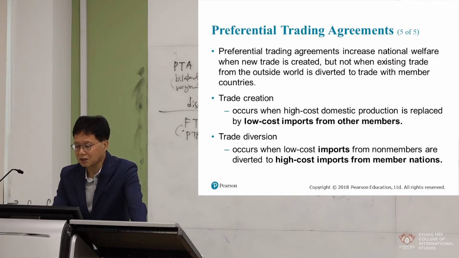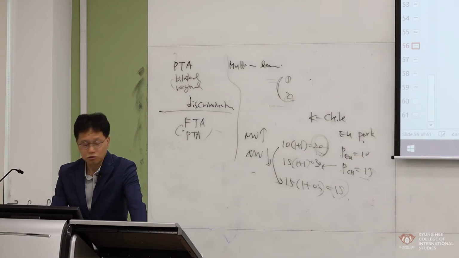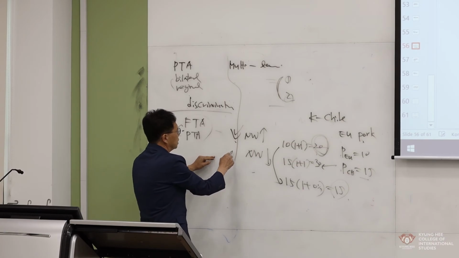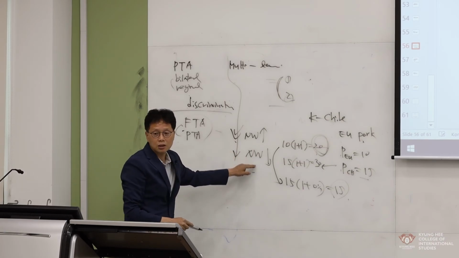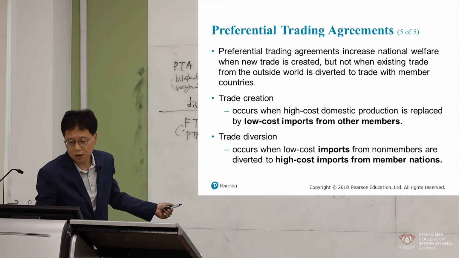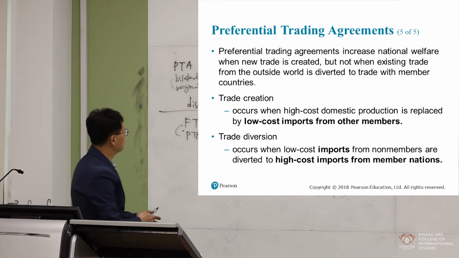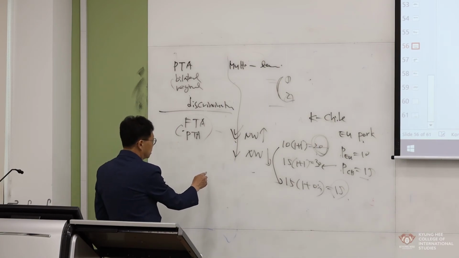Preferential trading agreements increase national welfare. Usually, that is the usual case. Usually this happens; exceptionally, this happens. Right? Why? Usually national welfare increases when new trade is created.